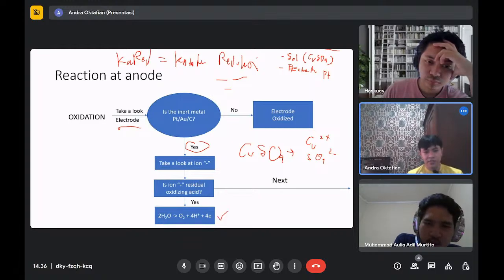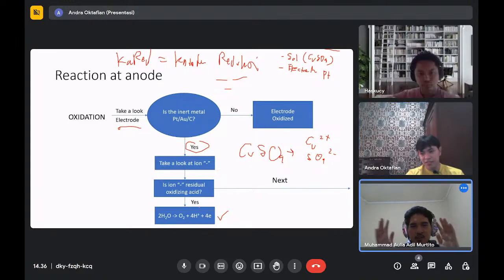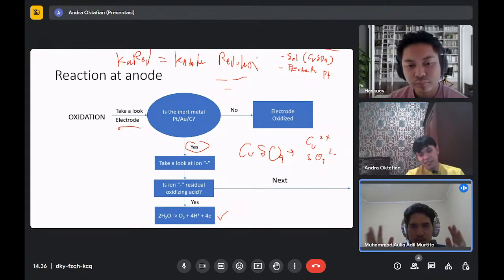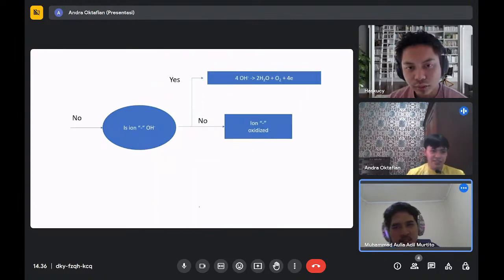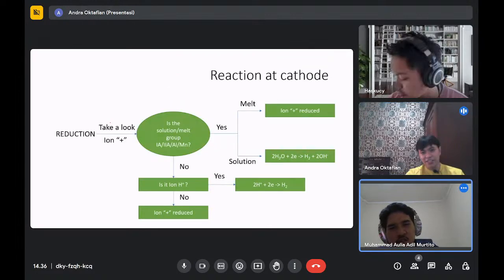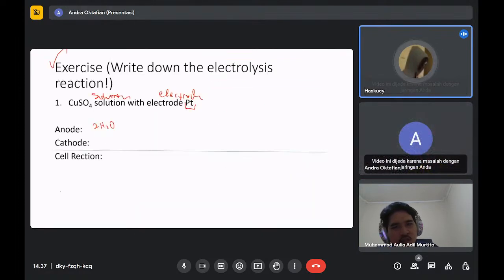So just put the reaction into our equations, operating with 2H2O: 2H2O becomes O2 plus 4H plus plus 4e.